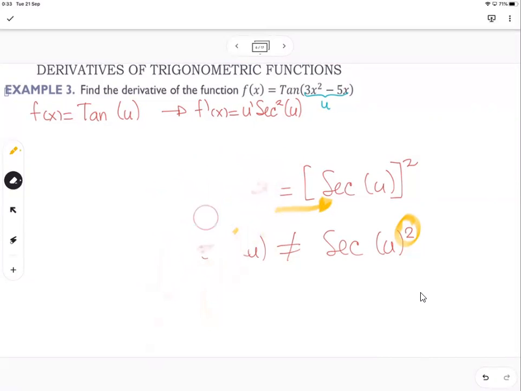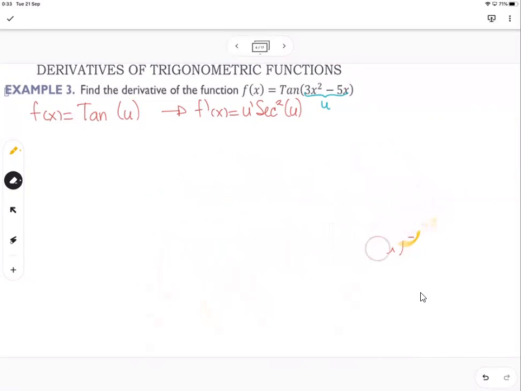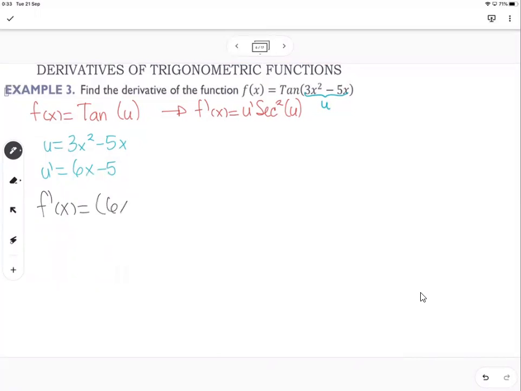So u is 3x squared minus 5x. U prime is 6x minus 5. Just follow the formula. U prime, use parentheses, please. Use grouping symbols.